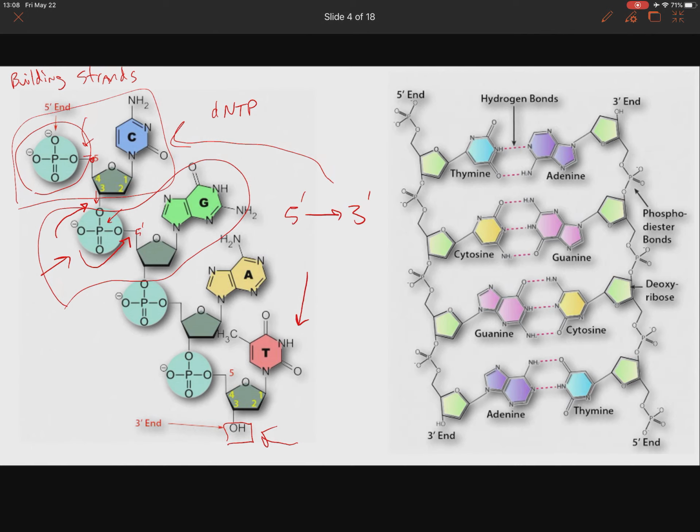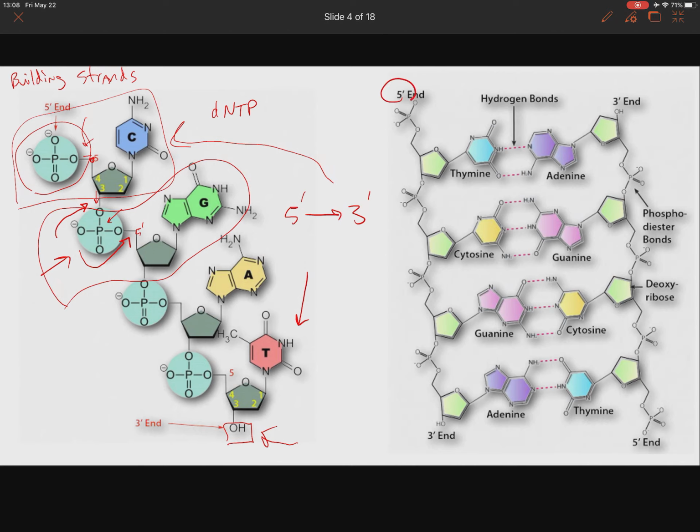Okay, so you can see two strands here. We've got one strand with the 5' side up at the top, one with the 3' side up at the top. These are complementary to each other. The other thing I want to point out is that they're anti-parallel to each other. They're parallel in that they go the same direction, anti in that they run in opposite directions.